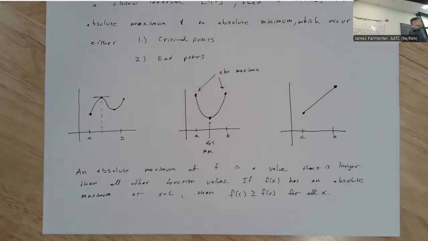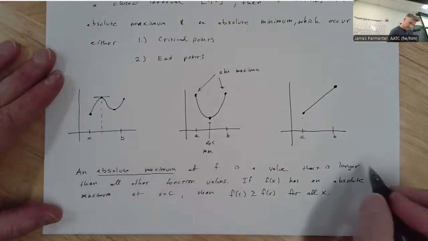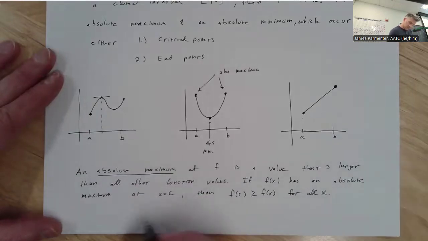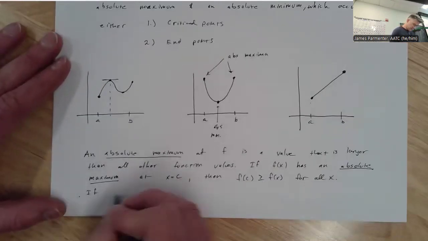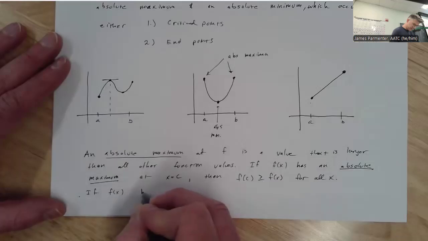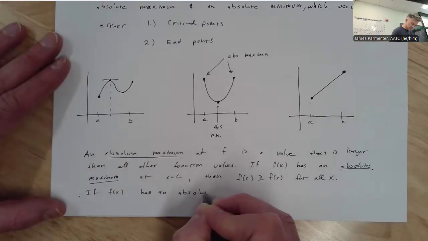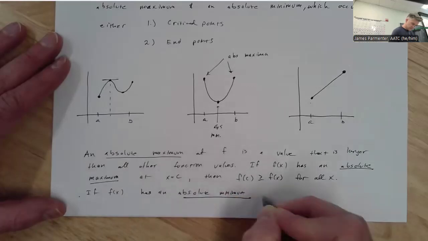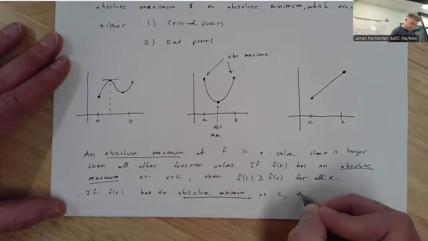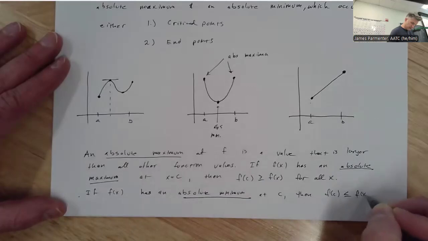And then similarly for an absolute minimum, same kind of idea. So absolute minimum: if f(x) has an absolute minimum at c, then f(c) is less than or equal to f(x) for all x.